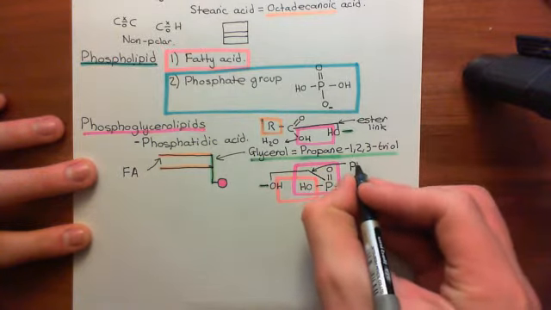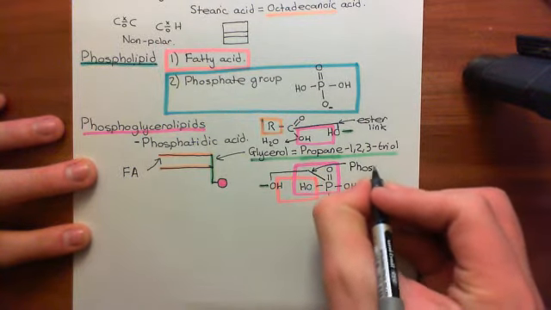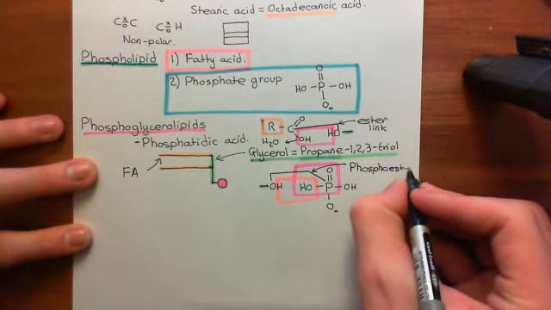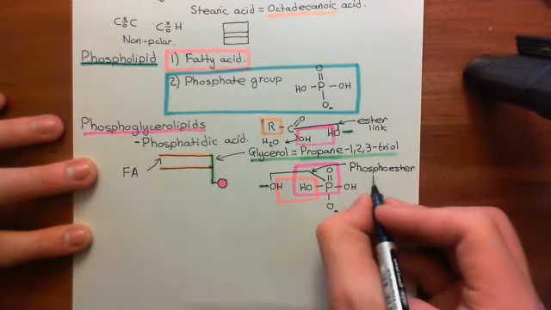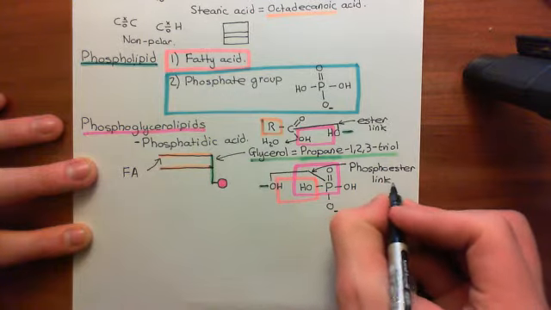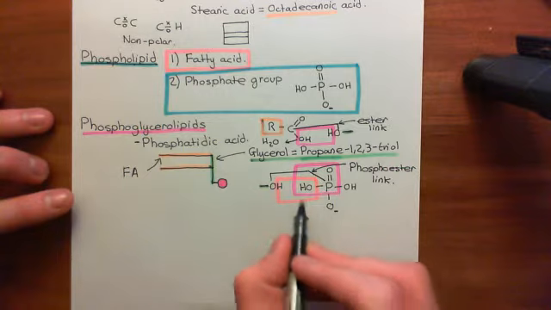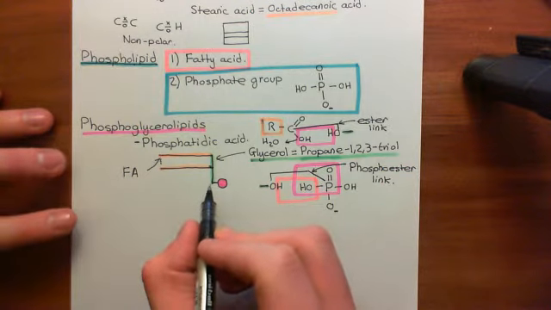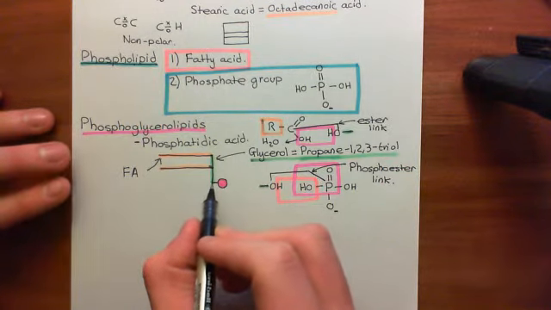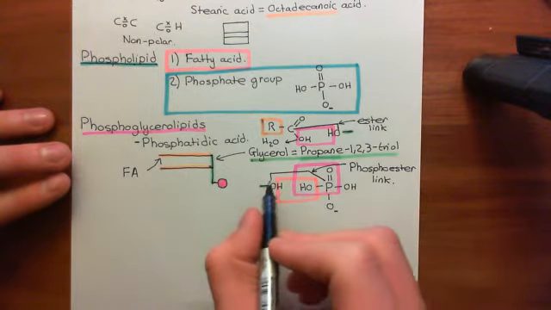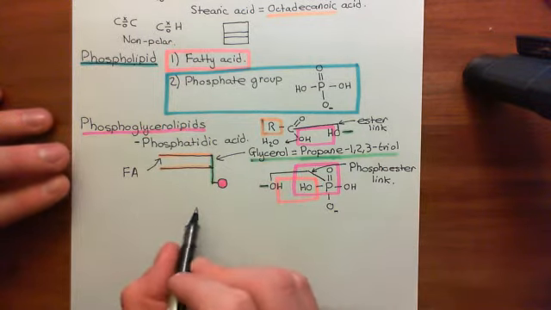This is now known as a phosphoester link, to draw the parallels between it and an ester link. So that's how we're going to attach this inorganic phosphate molecule onto the alcohol group that comes off the third carbon of the glycerol molecule, and now this is a phosphate group because it's stuck onto a bigger molecule.